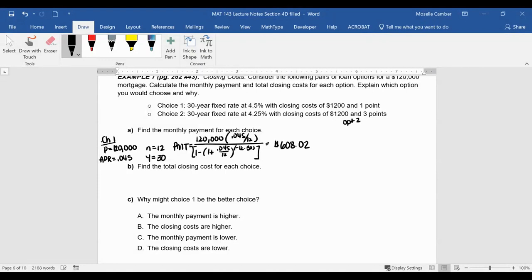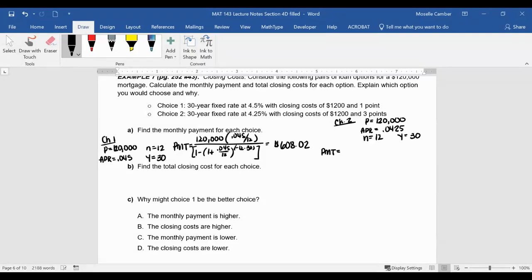Okay, choice 2. Our principal is still 120,000. Our APR here is 4.25, so 0.0425. My N is still 12, and my years are still 30.